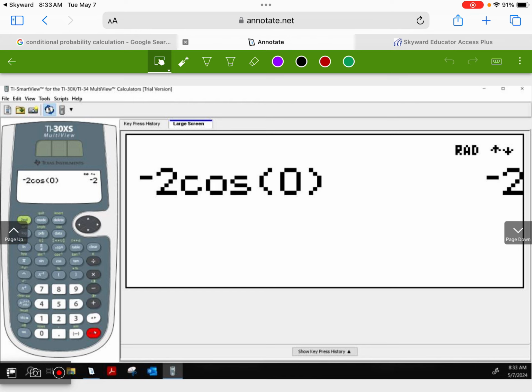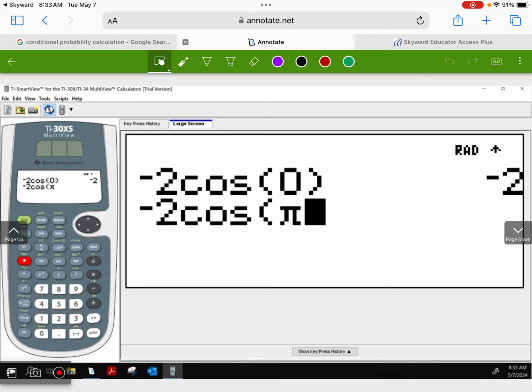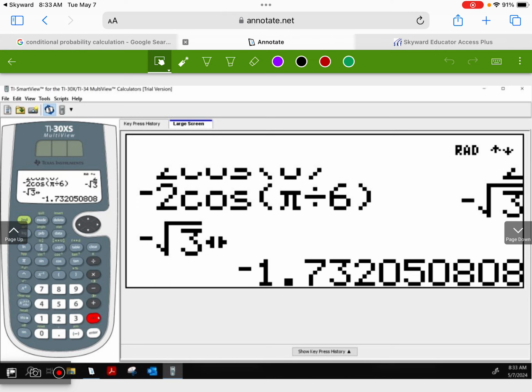And then -2 cosine pi over 6, so pi divided by 6. Hit enter. We're going to just go to the tenths place because we're graphing this by hand. When you get that, that's the exact answer. Remember to change it to a decimal, you hit the button above enter, the button at the bottom with the 2 triangles going left and right. That changes it to a decimal. So we're just going to say it's -1.7.